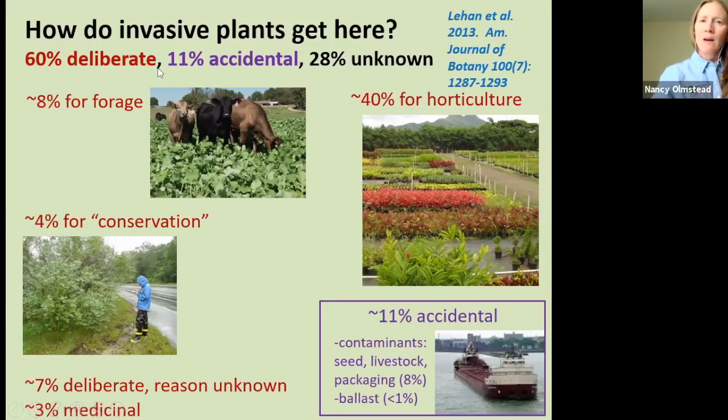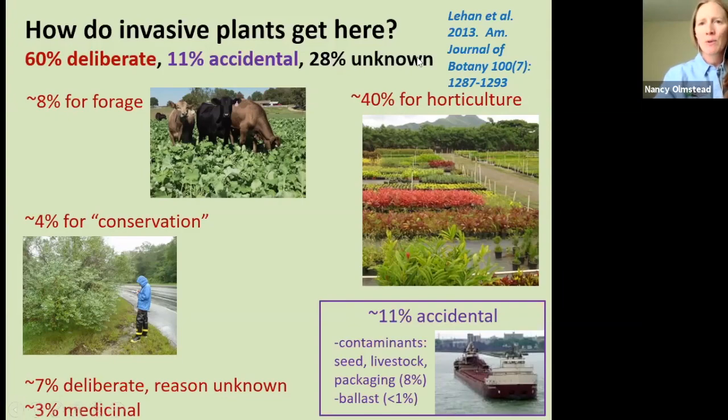11% of the introductions were found to be accidental, and that included plants that came as contaminants in seed or in livestock or with livestock, and packaging, as well as ballast. People may have heard of transport of marine organisms in ballast water, but for plants, ballast represents a small portion of the introductions.